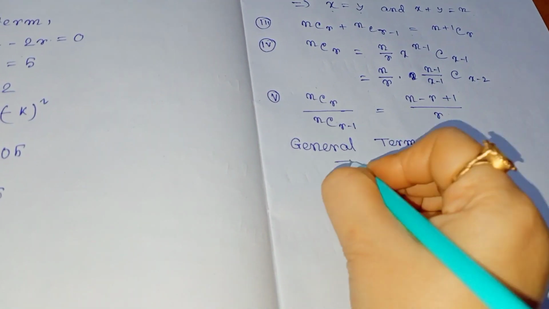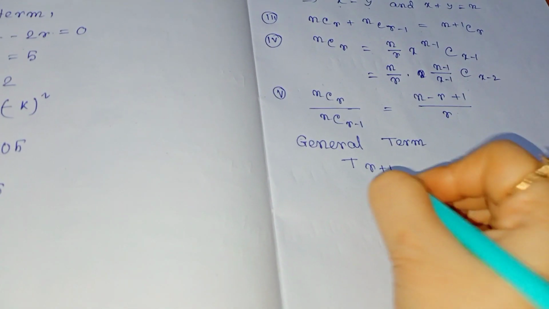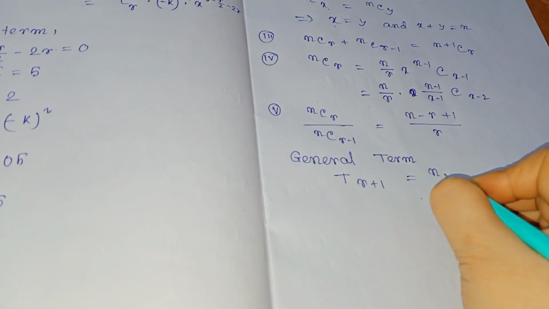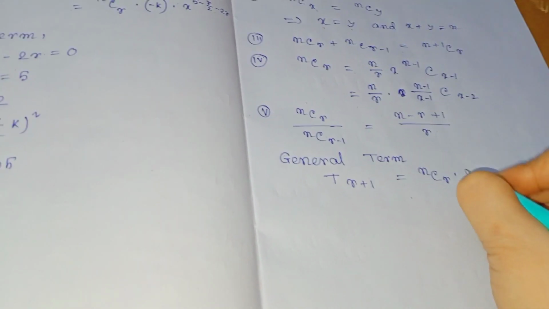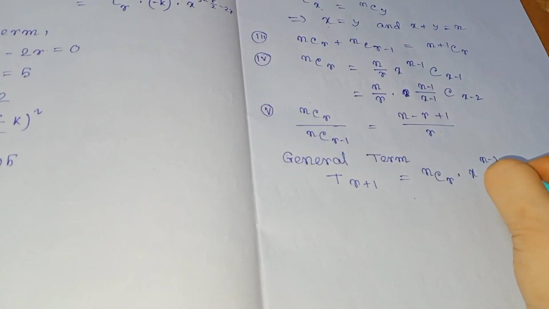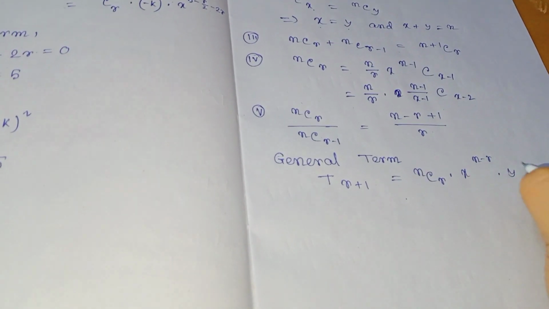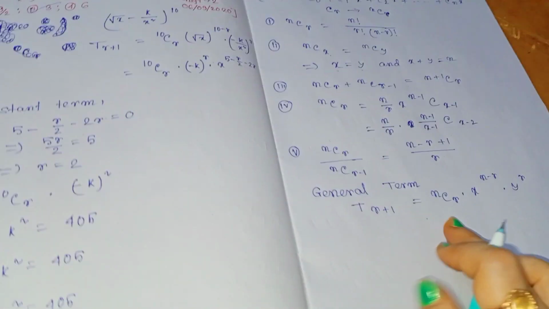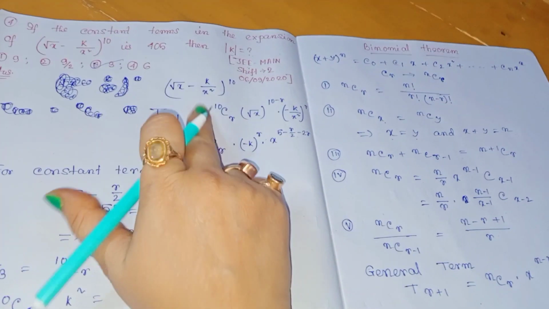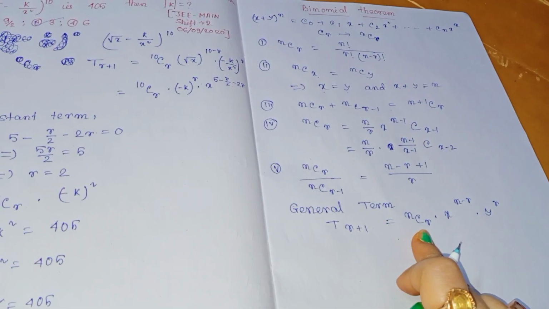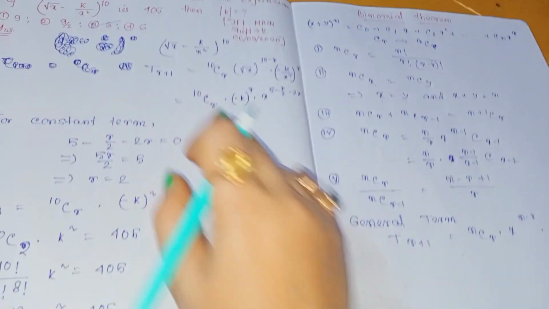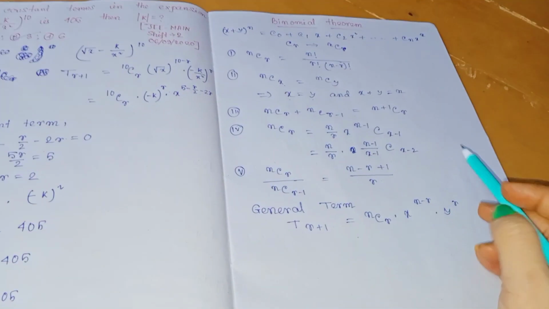So we say the general term is T(r+1), that is equal to nCr into x to the power (n minus r) into y to the power r. This formula we are applying in this expansion. So these formulas we should remember always.